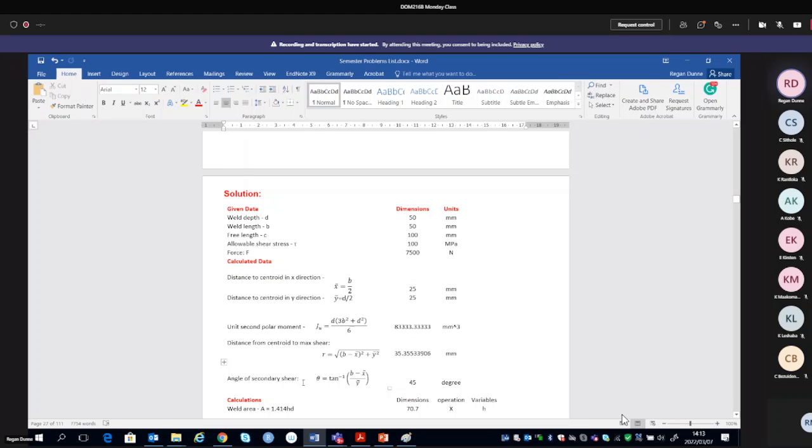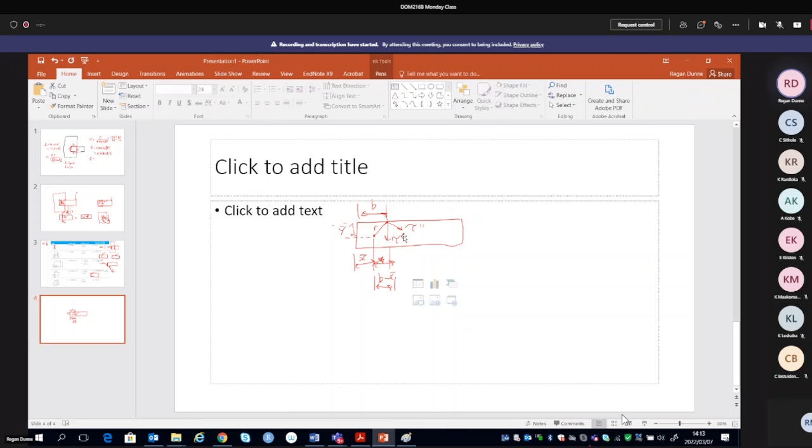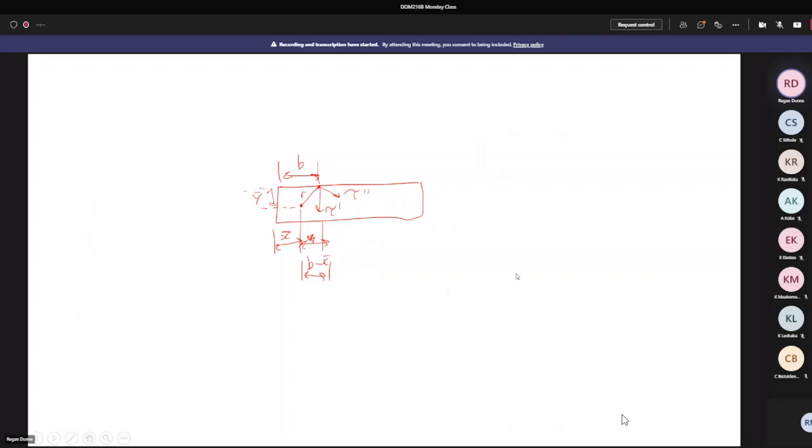My angle, so if we look at our angle theta, where do we calculate the angle theta? If I'm looking at this angle here, this angle is going to be opposite over hypotenuse, so theta will be opposite b minus x bar.